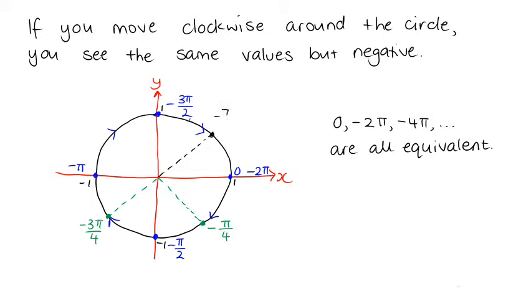So negative 7 pi on 4. But we saw before that it was also pi on 4 when we went anticlockwise. So you can say that negative 7 pi on 4 and pi on 4 are equivalent.